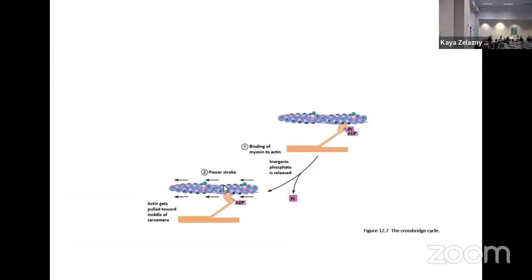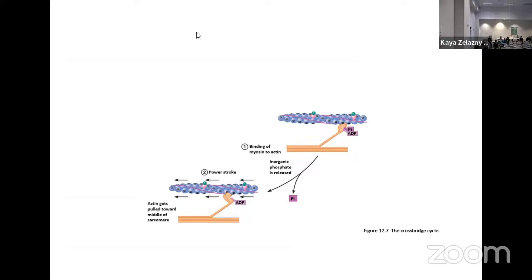So this is the power stroke. When that phosphate ion fell off, this changes the shape of that cross bridge. So our cross bridge was out here in the higher energy form. When the phosphate ion falls off, that's our power stroke. So that's literally when we get that snap. That's what just happened.